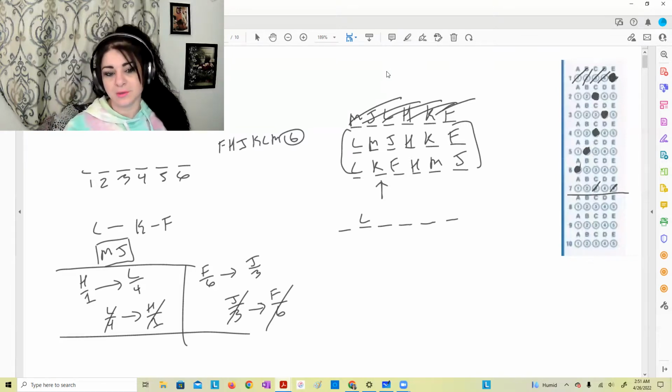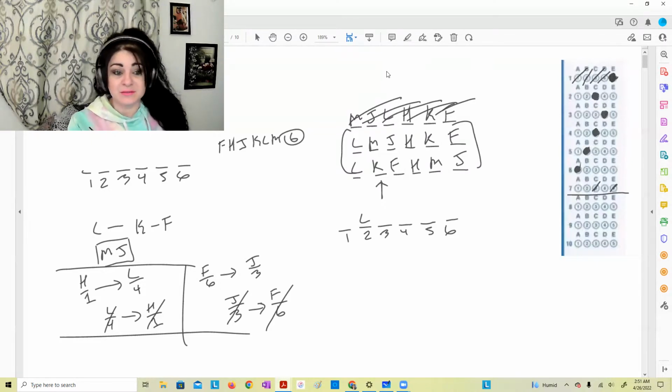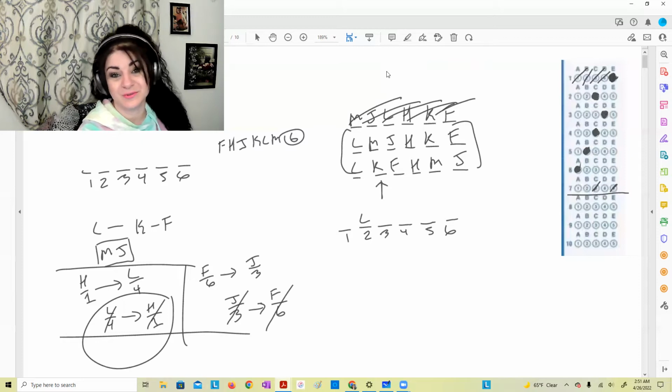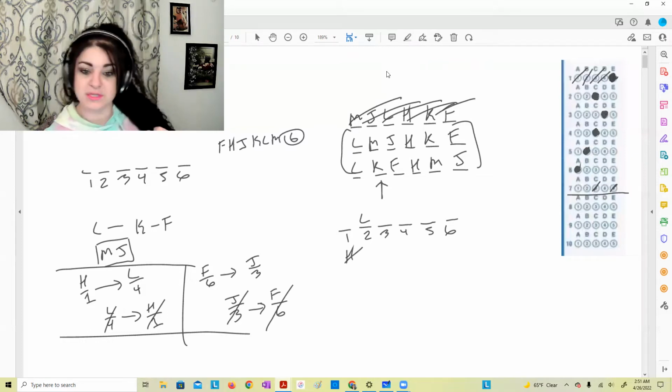Well, let me start off by saying, because L is in 2, that actually triggers a rule. So I always write down your contrapositives, kids, always. Because L is in 2, L isn't in 4. So we have to make sure that we exclude H from position 1.